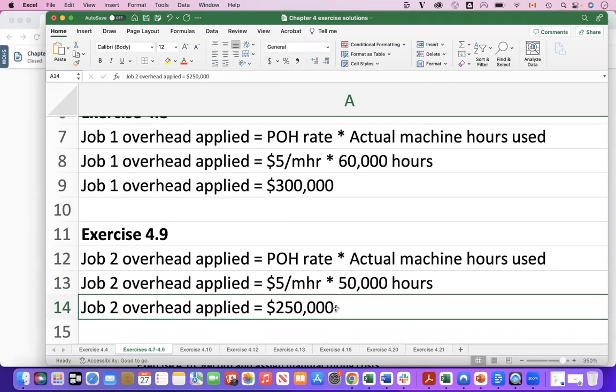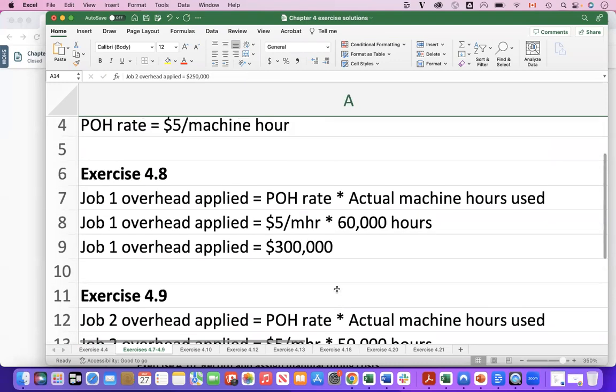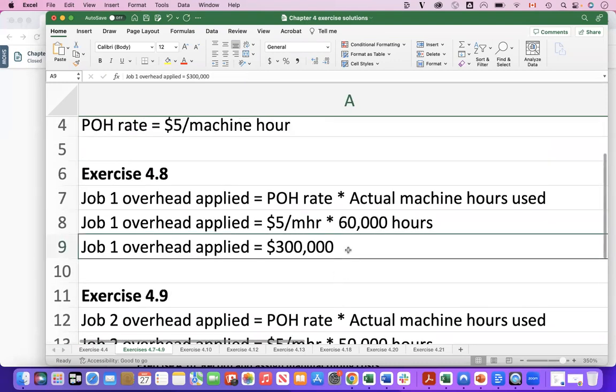If we took this question a step further and I asked you for the total product cost of job 1, you would take the actual direct material costs incurred for job 1, the actual direct labor costs incurred for job 1, and this applied overhead amount of $300,000, and add them all up to get your total product cost for job 1. Then if you knew how many units were produced in job 1, you would divide to get the unit product cost. That's why we're doing this.